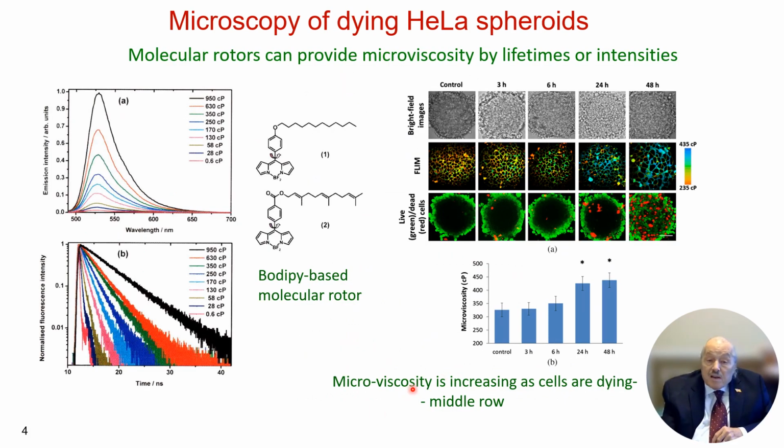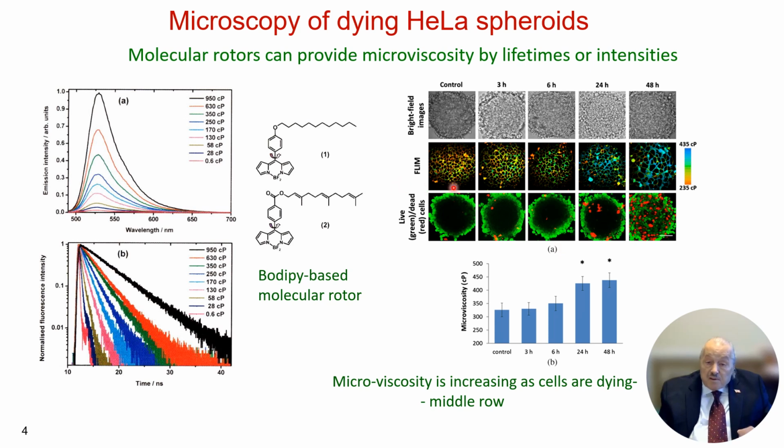So let's look at an example of how these can be used in biology. The example I have here is for some dying HeLa cells. And you notice this is actually a BODIPY type molecular rotor rather than the previous type. And you can measure the microviscosity either by the intensities or by the lifetimes.